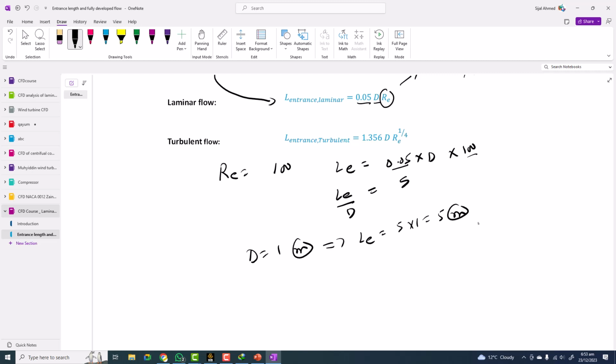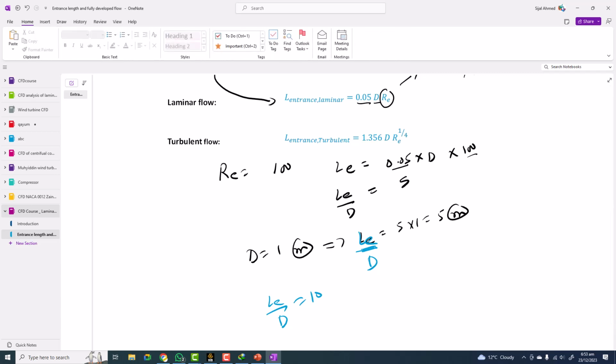So to be on the safe side, what I would suggest is that take this length as double the value. So for LE by D, let's take this value not as 5, but as 10. And this length is 10, and diameter is equal to 1.